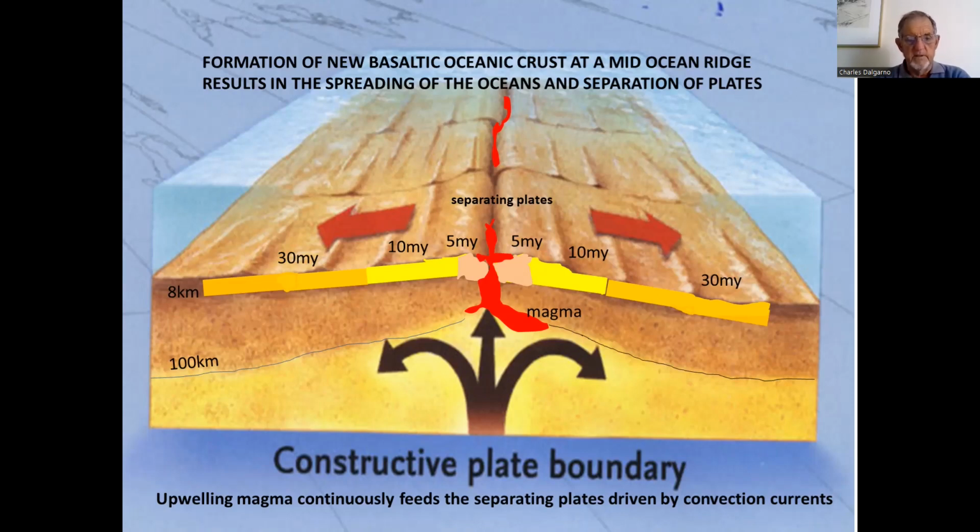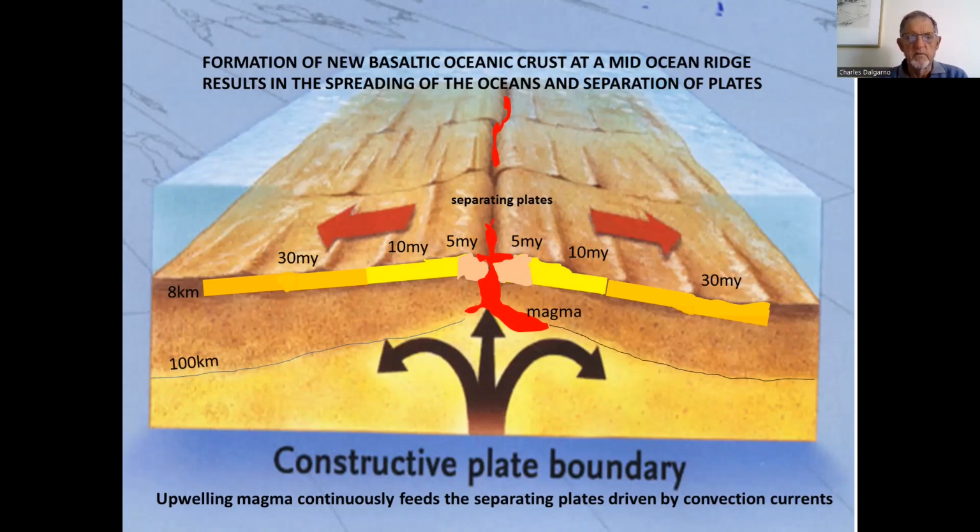So this is typical of a divergent or constructive plate boundary, constructive because new crust is being built here, and upwelling magma continuously feeds those separating plates, which is separating being driven by convection currents.